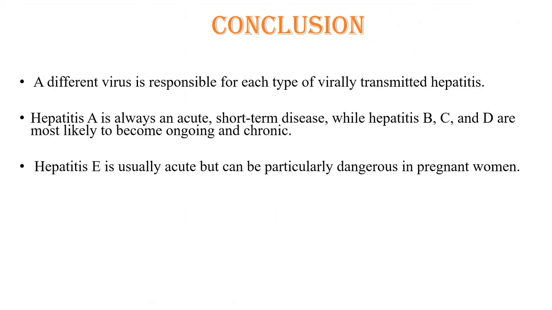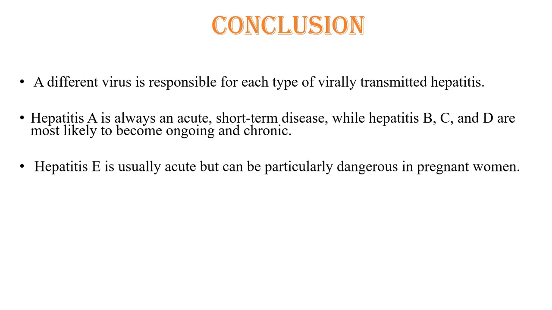Now we can conclude the viral infection for hepatitis. A different virus is responsible for each type of virally transmitted hepatitis. That means it may be hepatitis caused by hepatitis A, B, C, D or E virus.